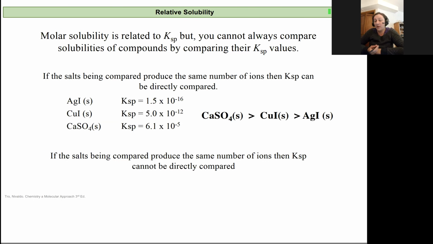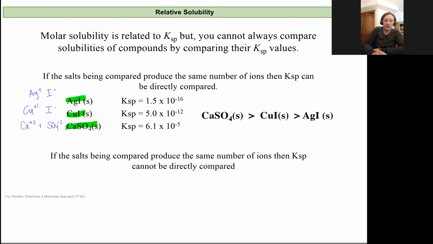Now, this works fine if the products are going to be the same number of ions. So here I have an example where silver iodide, copper iodide, and calcium sulfate all have 2 ions as products. We have calcium +2 and sulfate -2, copper +1 and iodine -1, and silver +1 and iodine -1.